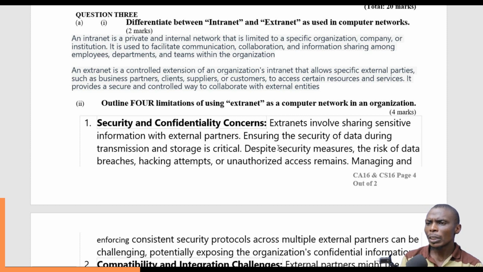So this data, sometimes while it is in transition, there might be a security concern on who might breach or who might access this data. Unauthorized people sometimes could also try to access this data. So it needs some good security mechanisms to ensure that the data remains confidential.